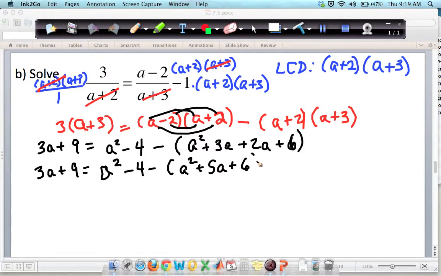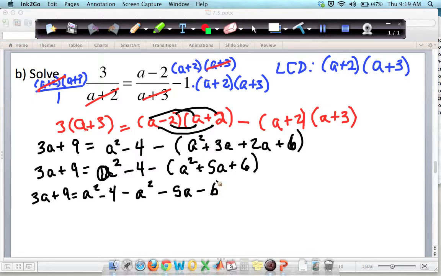Okay, and now I'm going to go ahead and distribute that negative sign through the parentheses. So we have 3a plus 9 equals a squared minus 4, I'm going to just change every sign here, minus a squared minus 5a minus 6.